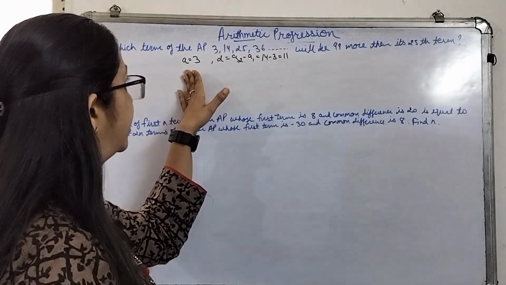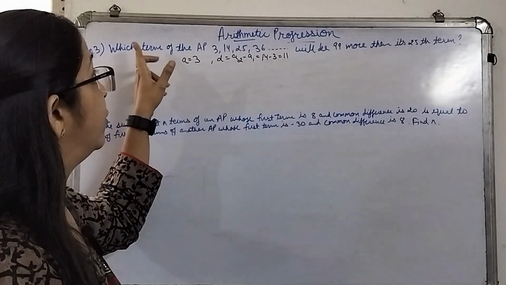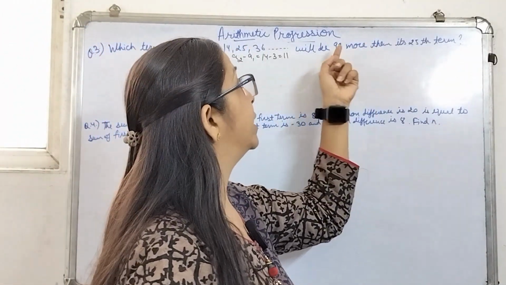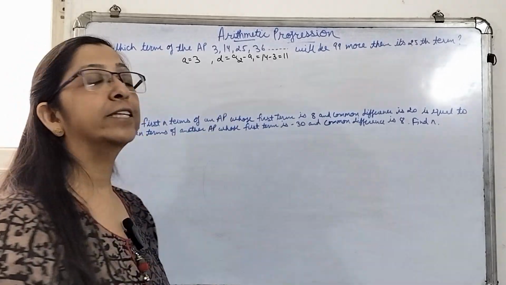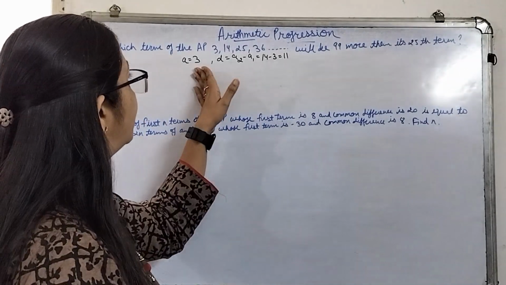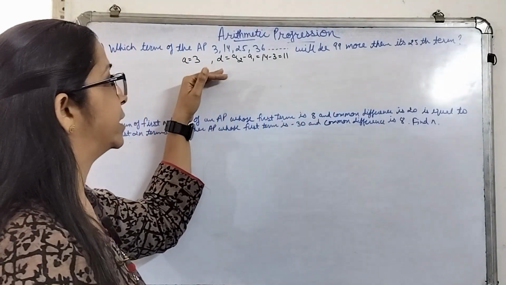The first term is 3 and the common difference is 11. We have to find the term whose value will be 99 more than the 25th term of this series. So first of all, we need to find the value of the 25th term of this series.